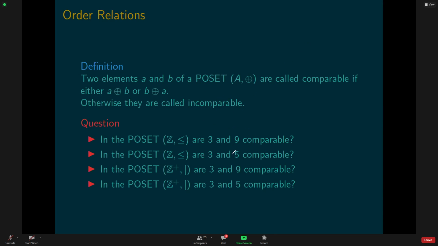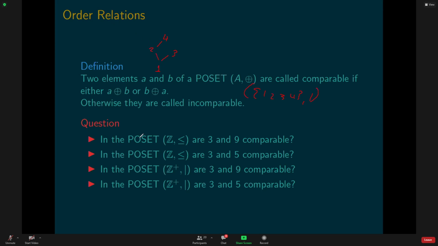So it's possible to have elements that are not comparable. And we have seen this example many times. In the set 1, 2, 3, 4 together with divisibility, what was this poset? The Hasse diagram, which we will see soon, was 1, 2, 3, 4.